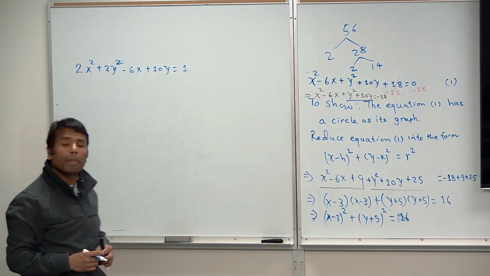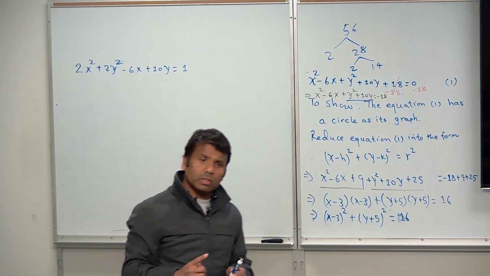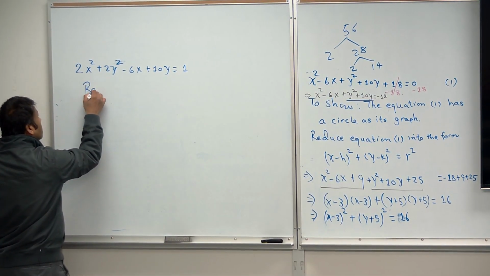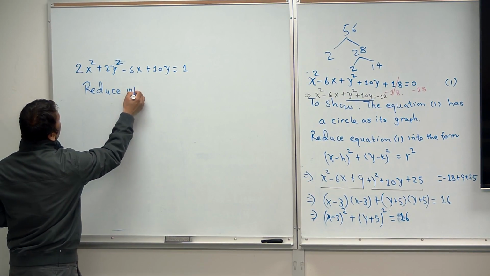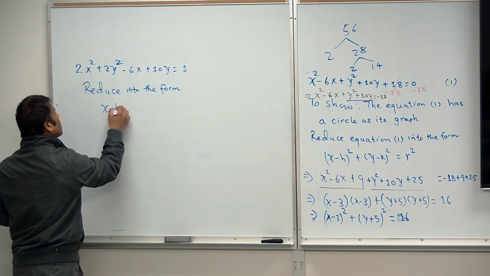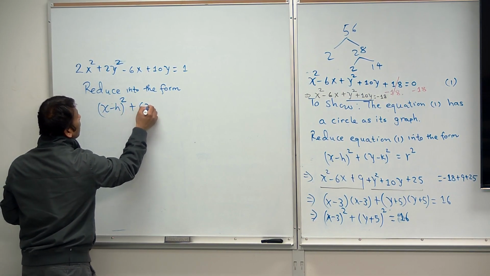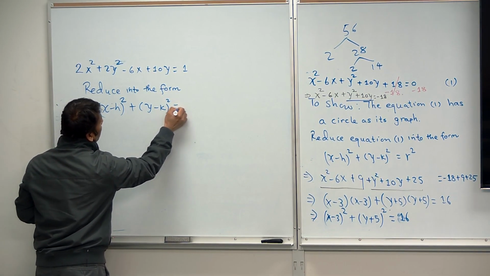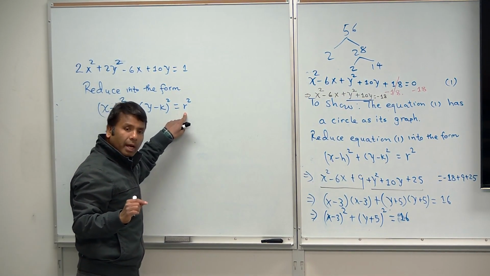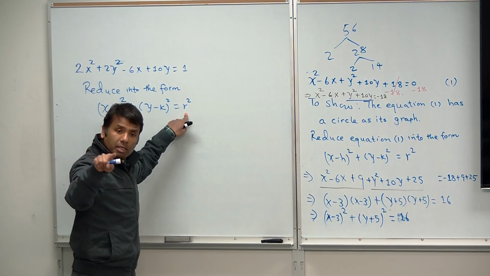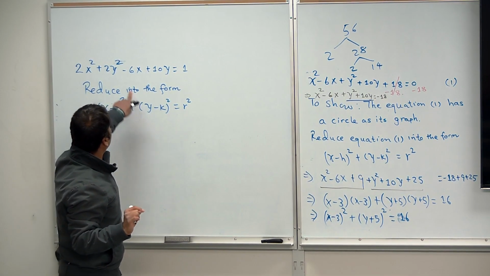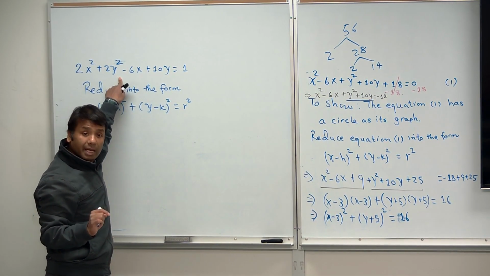Okay, so now we need to reduce this equation into the form (x minus h) squared plus (y minus k) squared equals r squared. If we get the value of r squared positive, that means the graph of this equation is a circle.